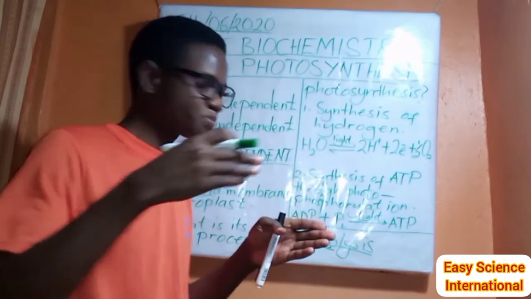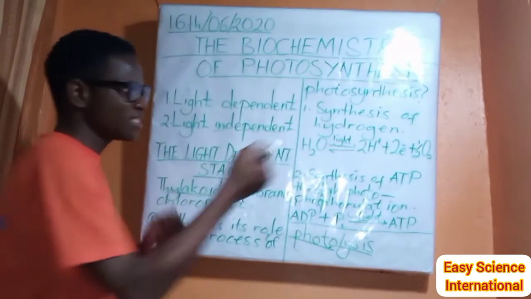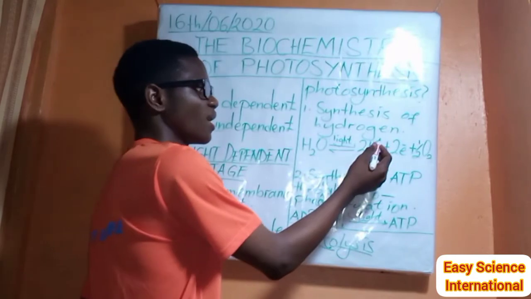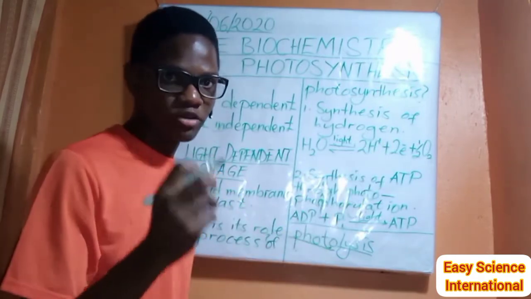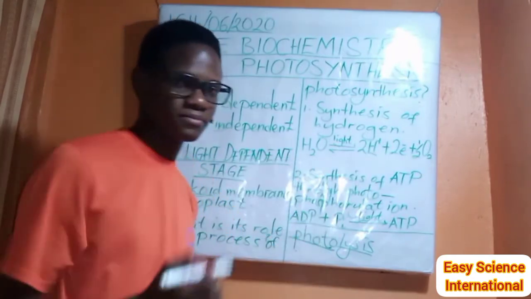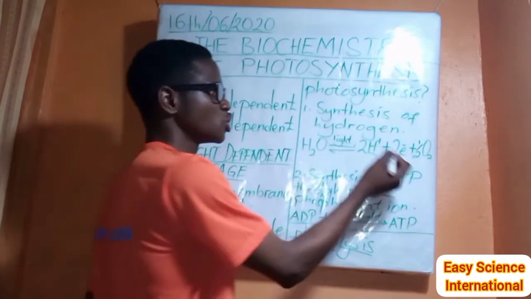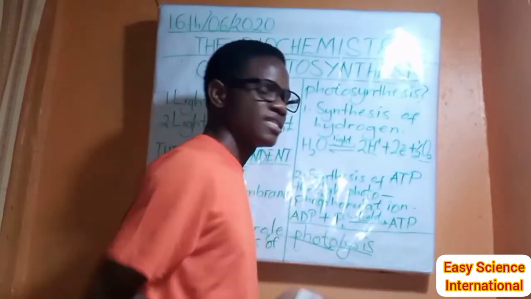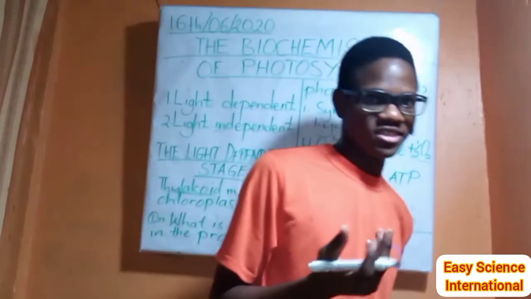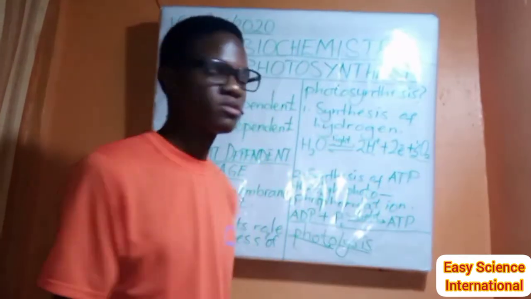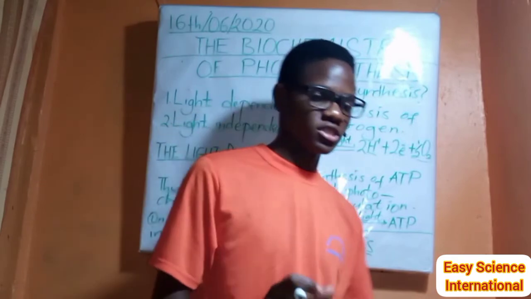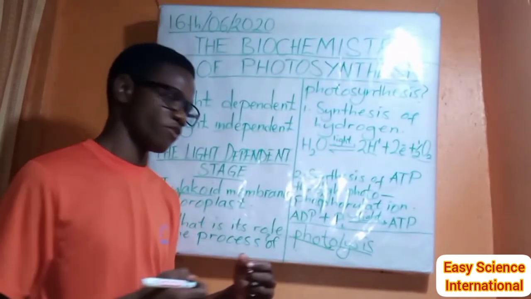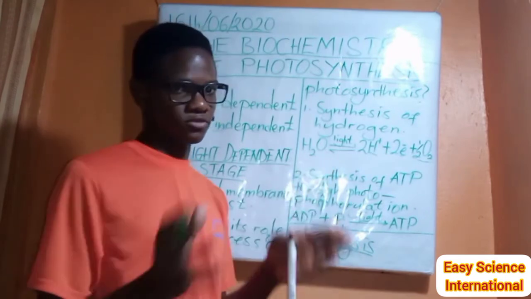So we split a molecule of water to give us 2 protons or hydrogen ions, 2 electrons, and an atom of oxygen, which combines to form a molecule of oxygen. So 2 molecules of water will give you only 1 molecule of oxygen during this process of photolysis.